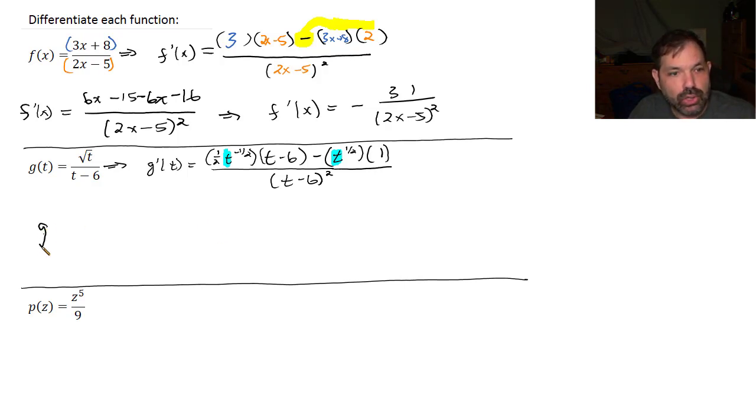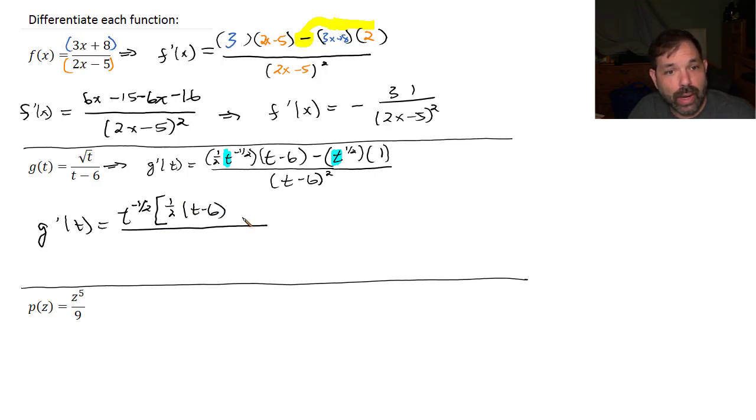So I'll write g prime of t. In the numerator, I have t to the negative 1/2 power times what? I'd have 1/2 of t minus 6 for the first term. Now, if I factor out a t to the negative 1/2, then I have a minus what? T to the negative 1/2 times what would give me t to the 1/2?